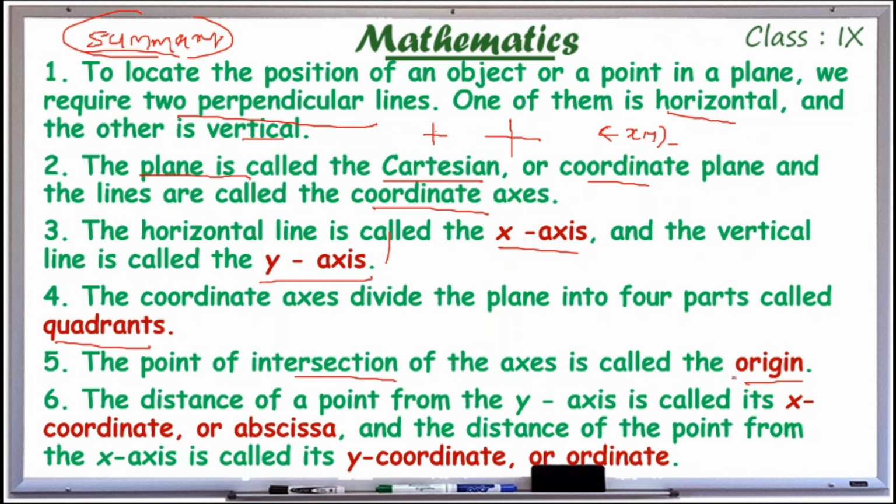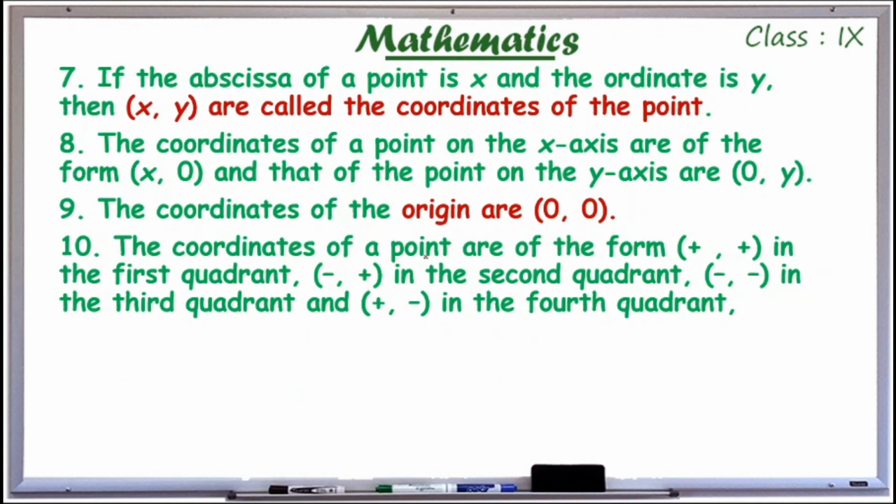The distance of a point from the y-axis is called the x-coordinate or abscissa. The y-coordinate is called the ordinate. So x comma y is the form of coordinates. The coordinates of a point on the x-axis are of the form x comma 0.